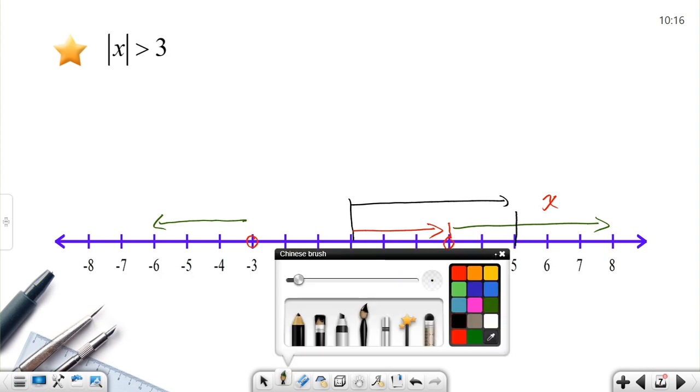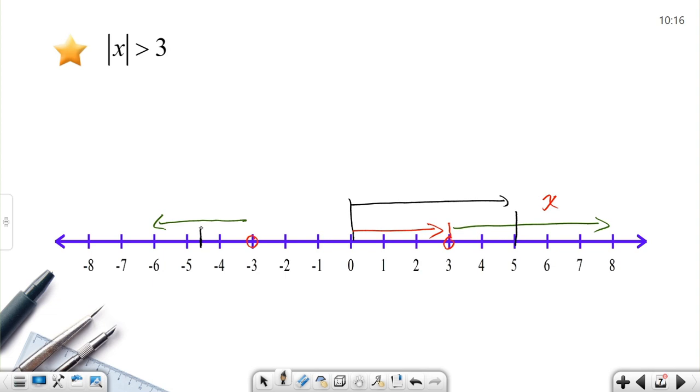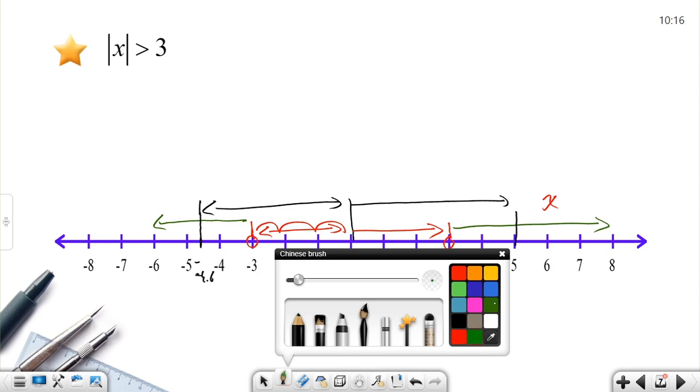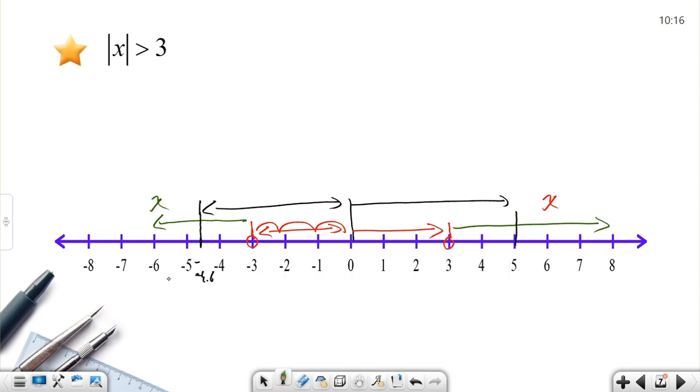The distance between 0 and negative 4.6 is more than the distance between 0 and negative 3, more than 3 units. So the number must be on the left side of negative 3. All these numbers and all these numbers are correct for this inequality.